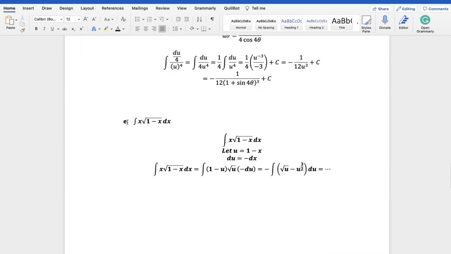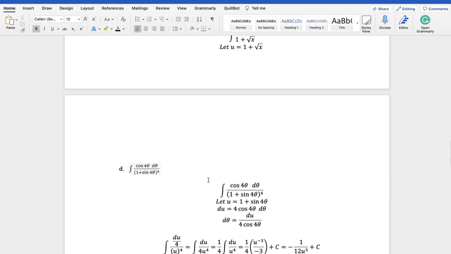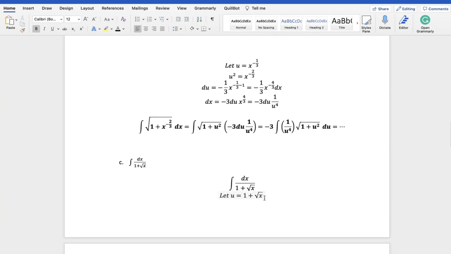So finish up E. Sir, sorry to interrupt, what was the final answer of number C? I don't have the final answer, but always keep this at the back of your mind, because I see a lot of people asking what the final answer of this is. For these integration questions, it's very easy to know if you're wrong or right.